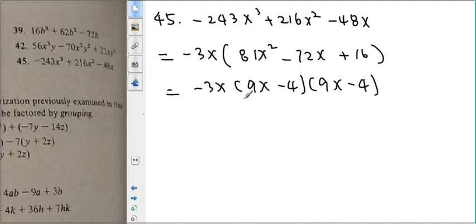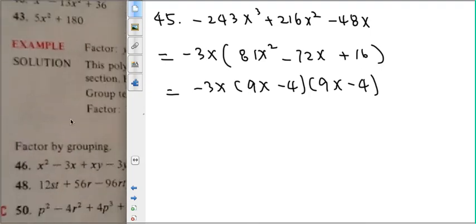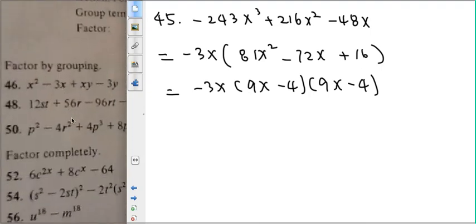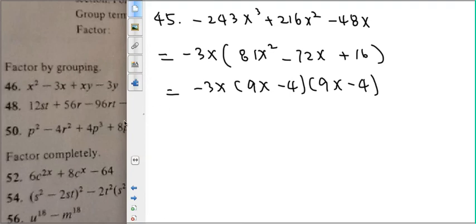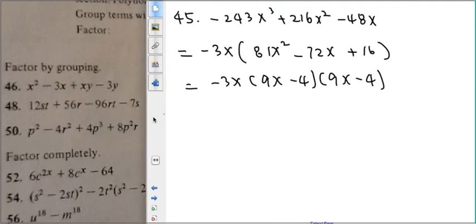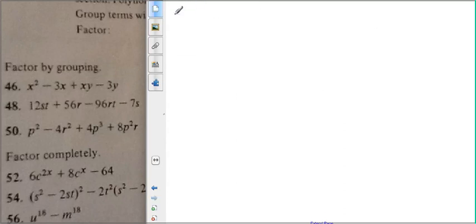Alright, let's move on. And 46. Here, x squared minus 3x plus xy minus 3y. Now, how can we factor this one?